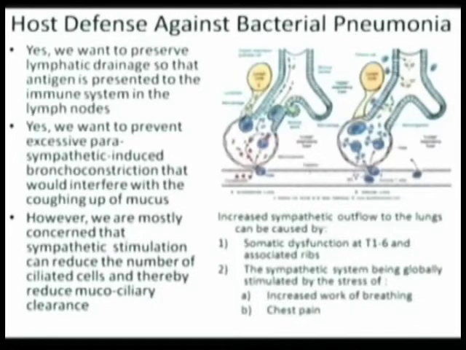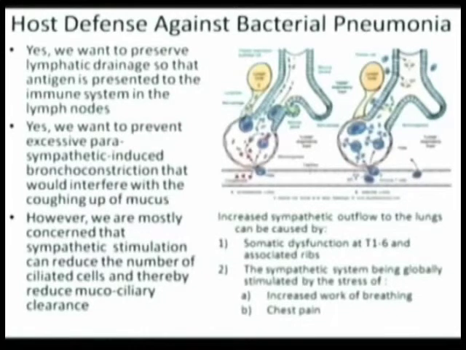So the causes of increased sympathetic outflow that you commonly find when you have a bacterial pneumonia are somatic dysfunction of T1 through 6 and associated ribs. Okay, we all know that. Also, the sympathetic system is stimulated by stress, and so when a patient has increased work of breathing, the sympathetic nervous system is stimulated because of the stress of that.